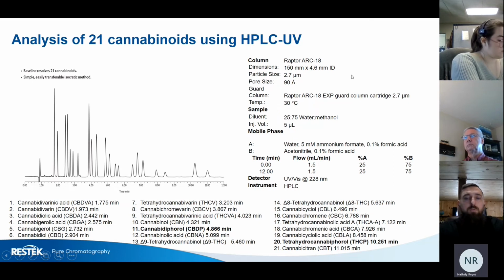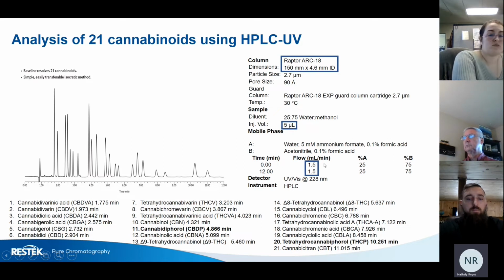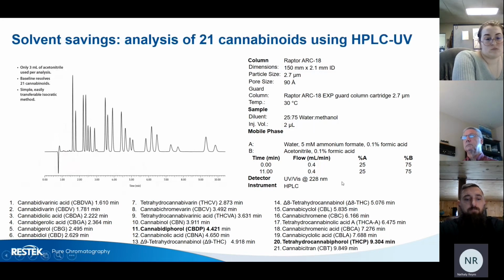And here we have the chromatographic conditions. I just want to bring your attention that the column used was 150 by 4.6. We injected 5 microliters of sample, and the flow rate was 1.5 milliliters per minute. Then, with the purpose of saving some solvents, because running the system at 1.5 milliliters per minute can mean that you are using lots of solvents, this method was developed.